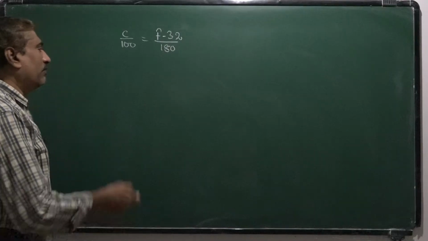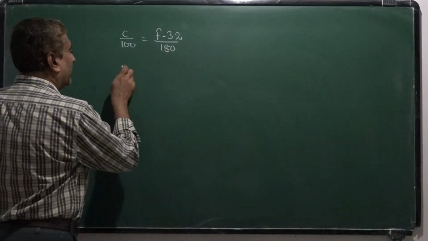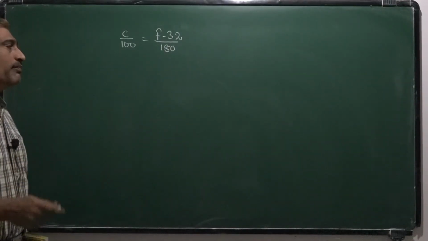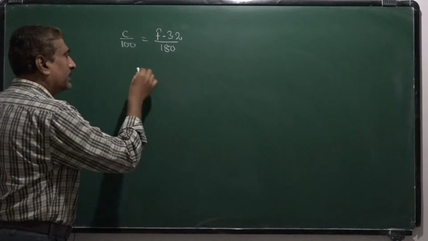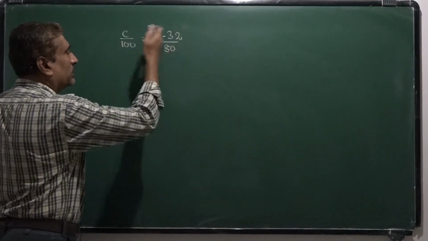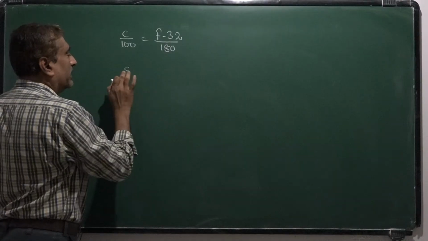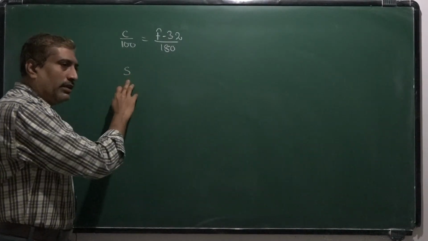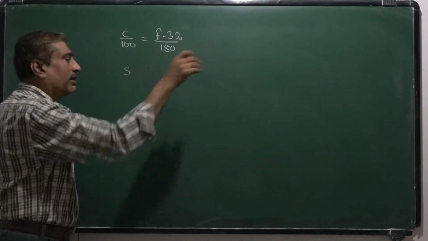Okay. Now for any arbitrary scale, the temperature can be converted into these two scales by this relation. S is the reading of the temperature in that particular arbitrary scale.